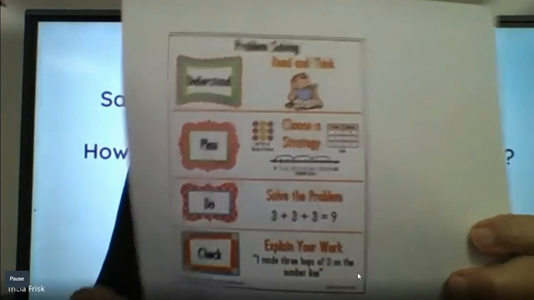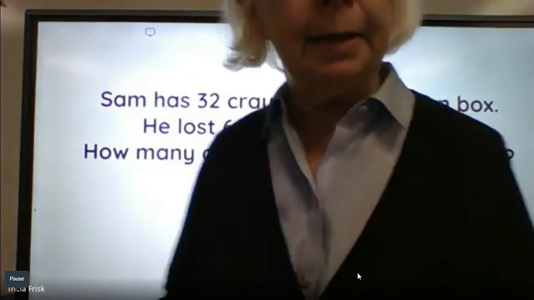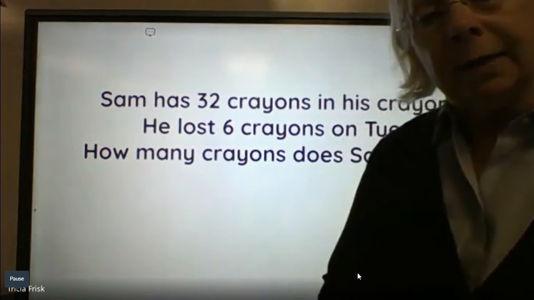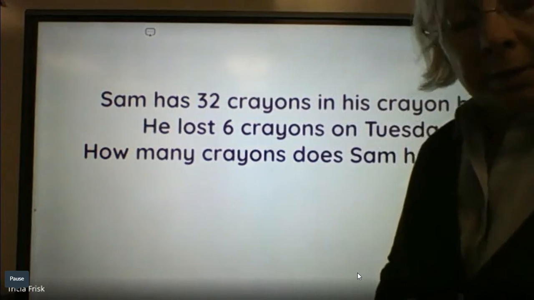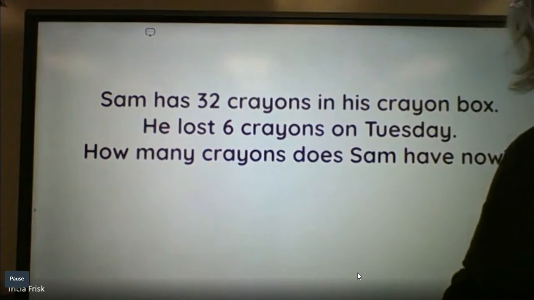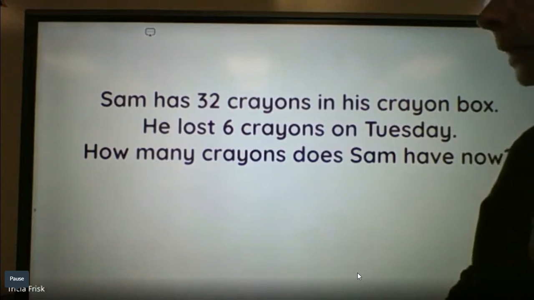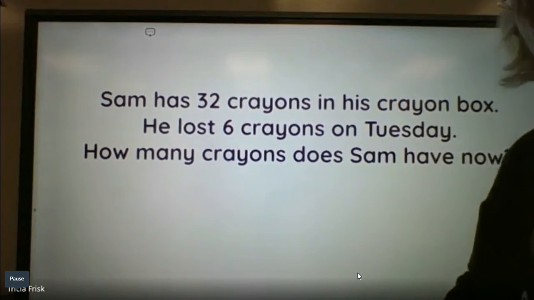The first, we need to understand the problem by reading and thinking about what we know, what we want to find out, and what we don't know. So if we look at the word problem, it tells me that Sam has 32 crayons in his crayon box.